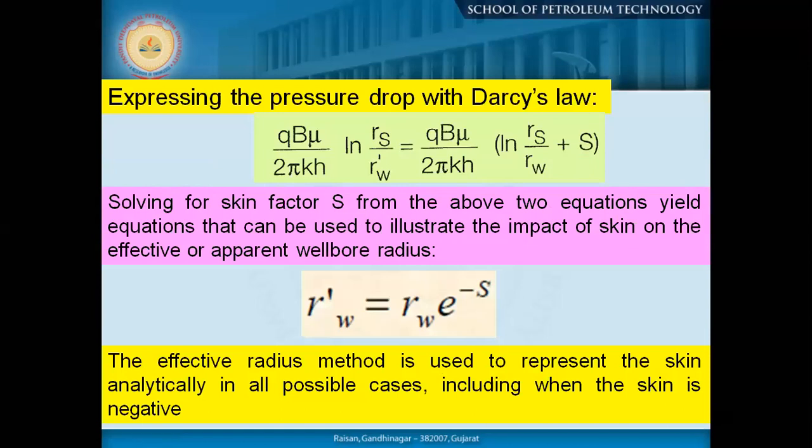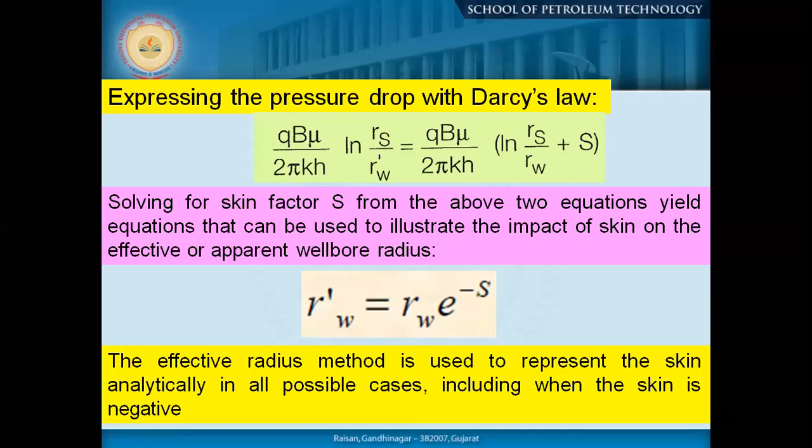Okay, so this is the mathematics part. Expressing the pressure drop with the Darcy equation, we are adding this linear scale. The effective wellbore radius rw' is related to the actual radius with an exponential relation with the skin. The effective radius method is used to represent the skin analytically in all possible cases, including when the skin is negative. When the skin is negative, that means we have the stimulated area.